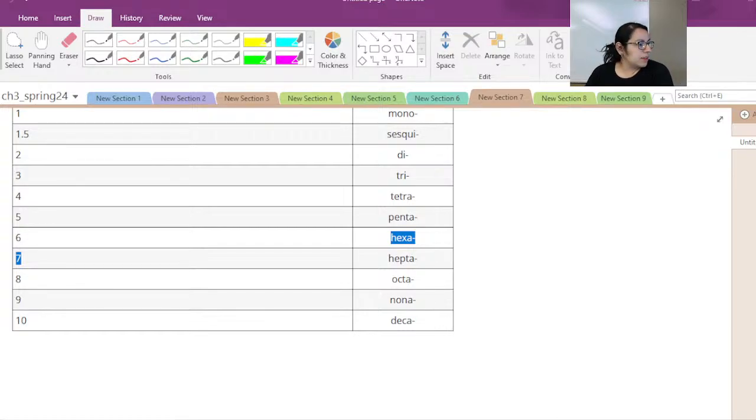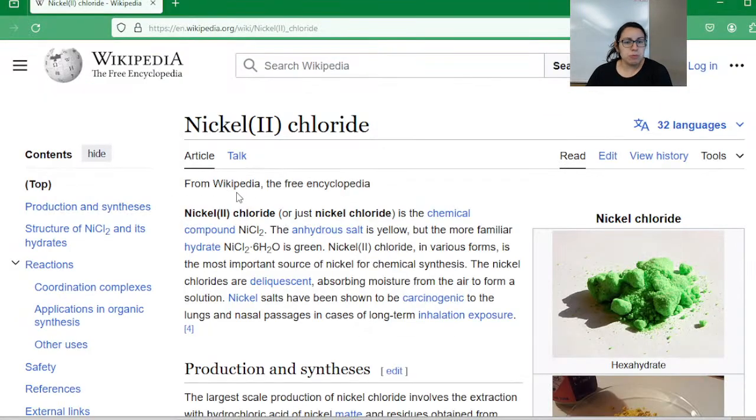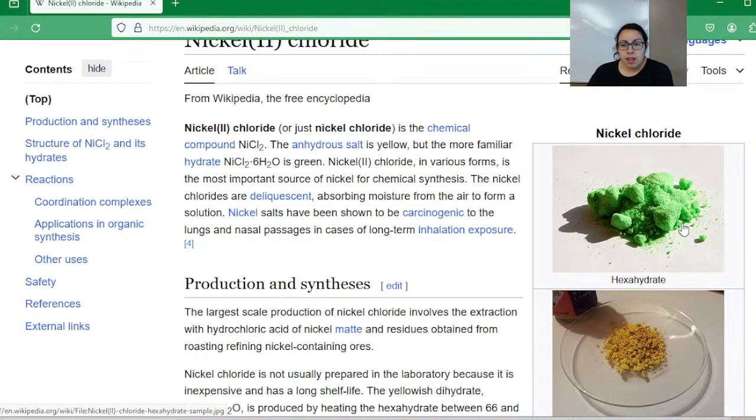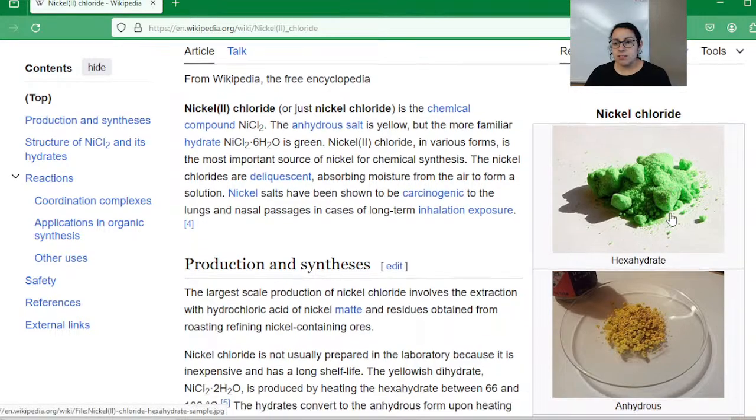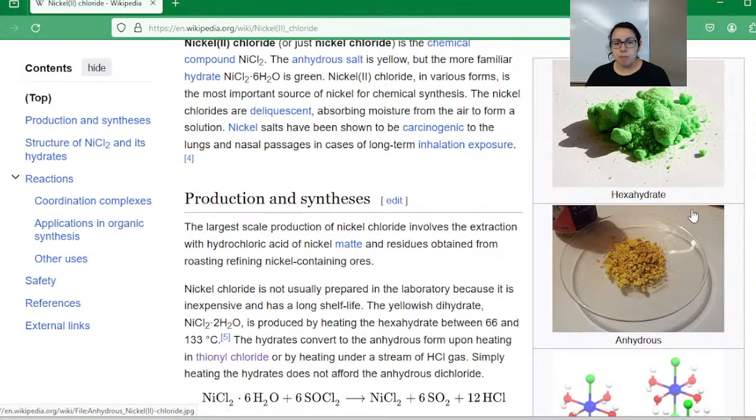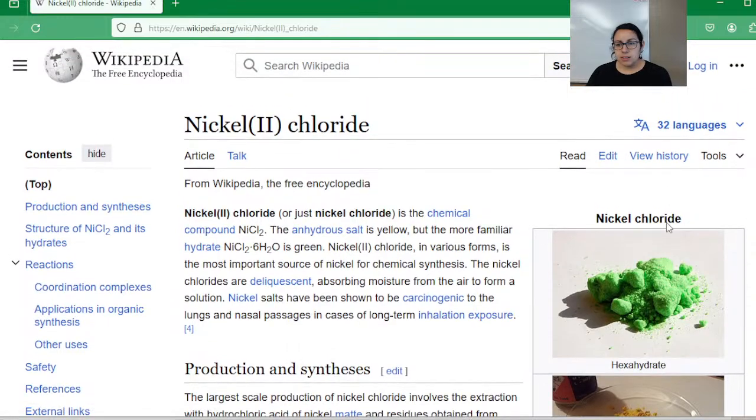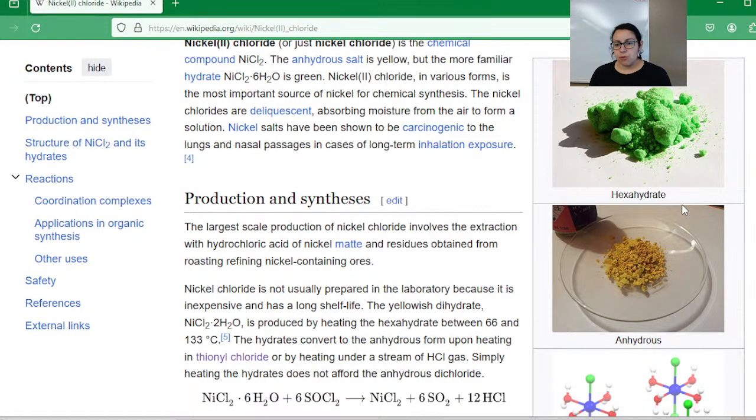What this means is that sometimes we have water that actually binds to the metal and is involved in our crystal structure. We can confirm this from a crystal structure, but even if we don't have one, we can still tell from the properties. This is nickel chloride, and it has 2 different forms.